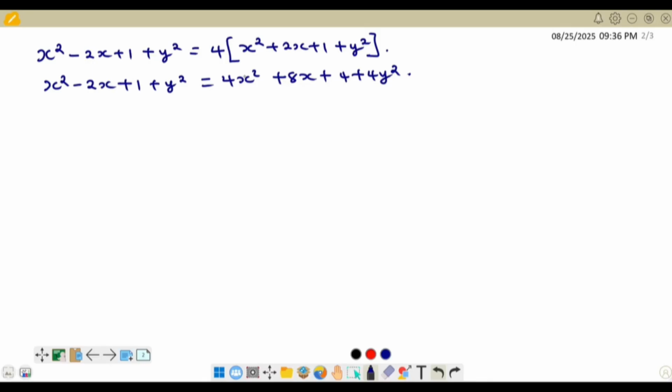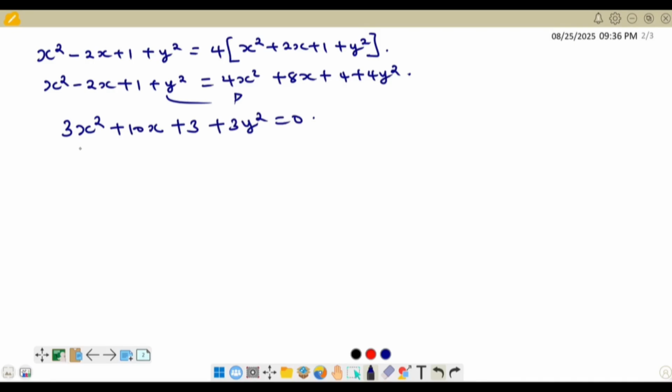We have x squared this side, so we bring all these to the other side. So 4x squared minus x squared will be 3x squared. Then 2x, when it comes to this side, becomes 10x. When 1 goes to the other side, it becomes 3. When y squared goes to the other side, it becomes 3y squared, and this is equal to 0.